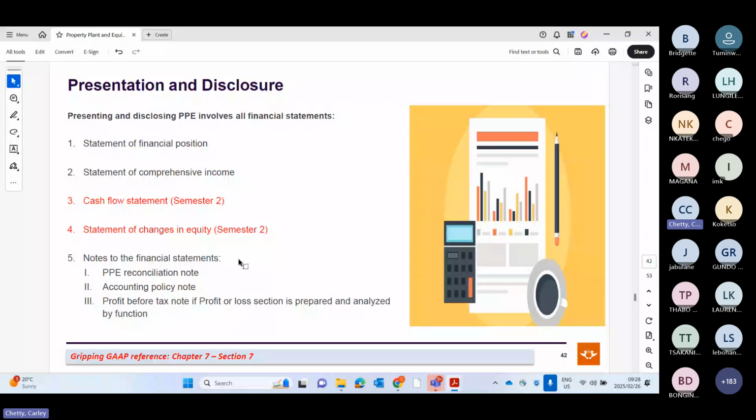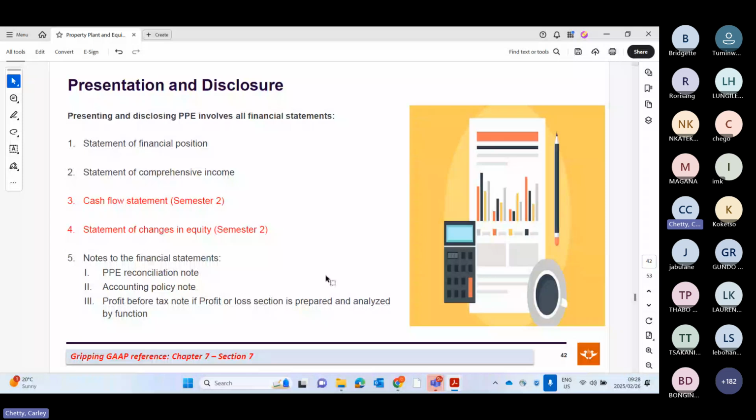So we'll have to perform a property, plant, and equipment reconciliation note. There's also an accounting policy note and a profit before tax note if the profit or loss section is prepared and analyzed by function. So it depends on whether the nature method or the function method is used.